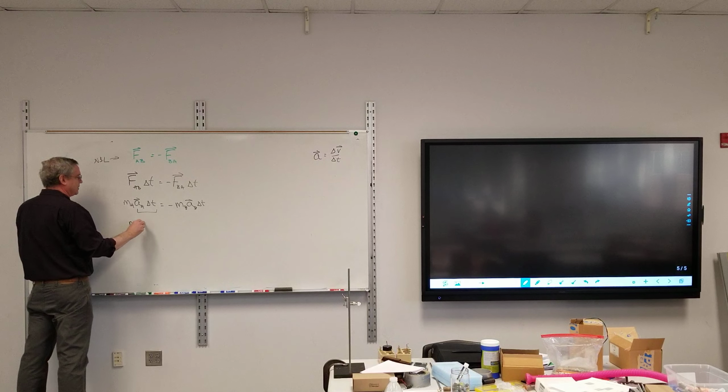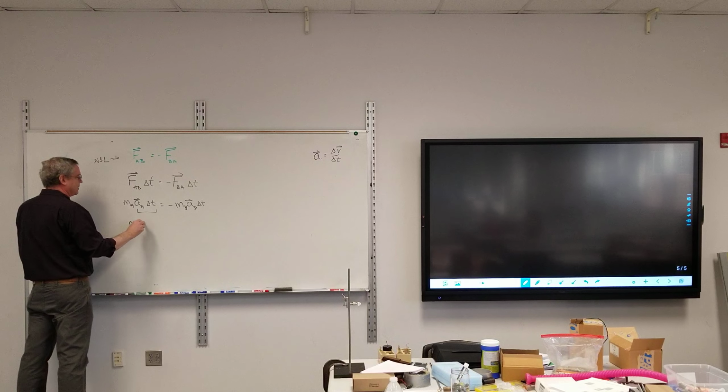But if I'm looking at just the marker, it started out with zero momentum, and then it started to have momentum. And so we can get into classification here of open systems versus closed systems. An open system is whatever I'm looking at where there's some outside influence. If I'm looking at just the marker, there is an outside influence because the Earth is pulling down on it.